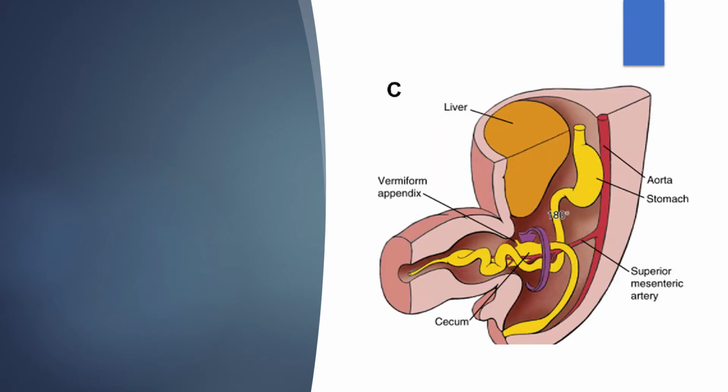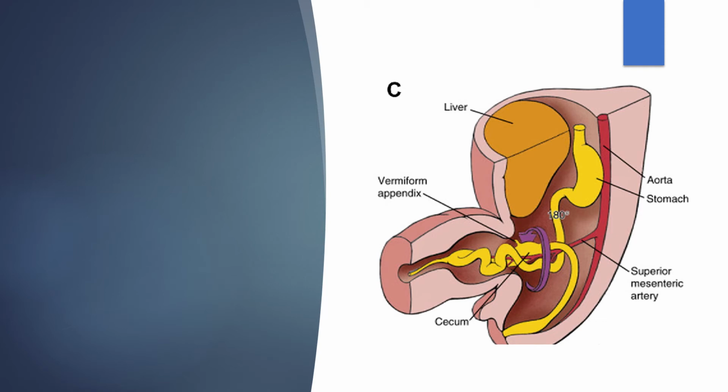Now the second stage of rotation occurs. The midgut part is located in the outer part of the abdominal cavity only. Now the growth of the midgut occurs, and this makes a series of coils which is seen in the cephalic limb part.